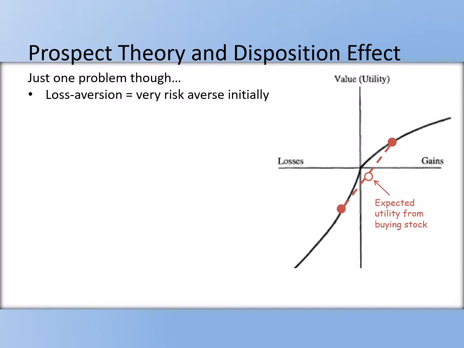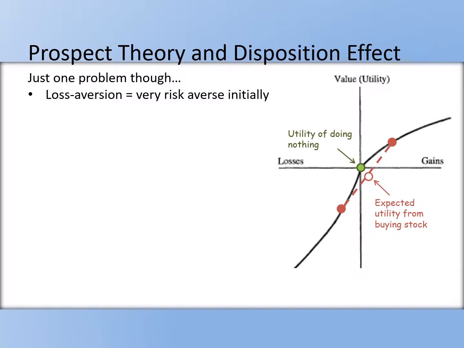So the stock price goes up half the time, stock price goes down half the time. The individual might not want to invest at all, right? Because the utility of doing nothing is higher, right? The vertical axis is utility. The utility of doing nothing is higher than the utility of buying stocks.